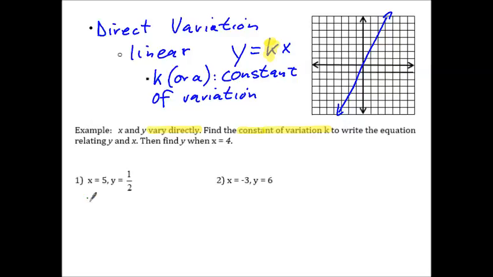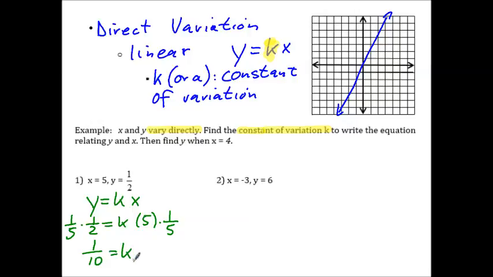So starting with our equation y is equal to kx, we can plug in the values that we are given. 1/2 is equal to k times 5. If we divide both sides by 5, or in this case more easily multiply by 1/5, the reciprocal, we end up with 1/10 is equal to k. And that is our constant of variation.